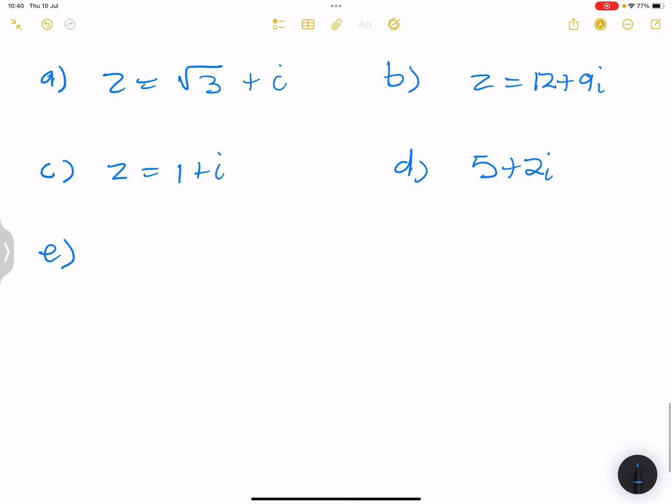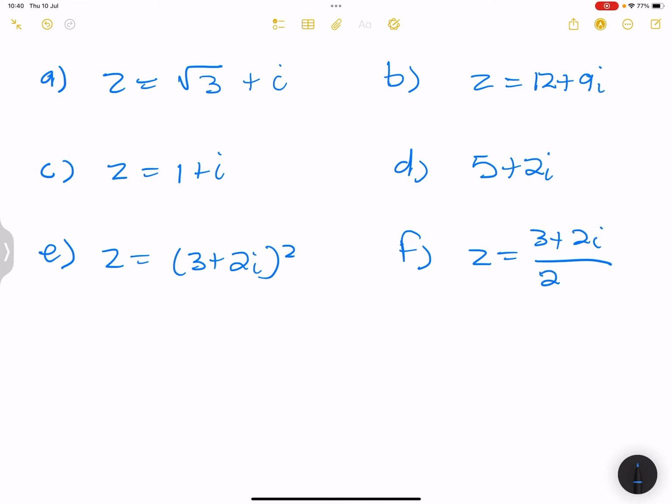Okay, I want us to go on to the ones that, so if I've got 3 plus 2i, of course, now we are going into the exercises that we had. So let's take F: z is equal to 3 plus 2i divided by 2 plus i.